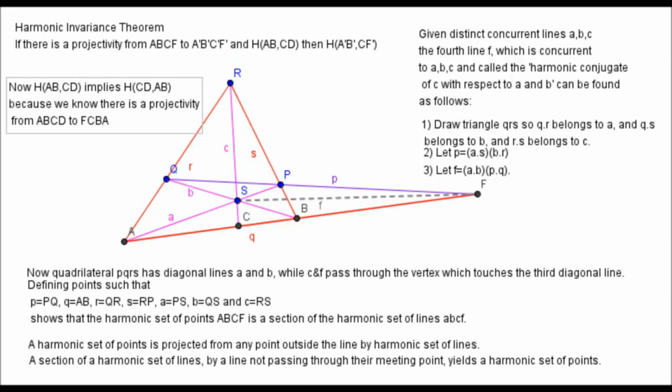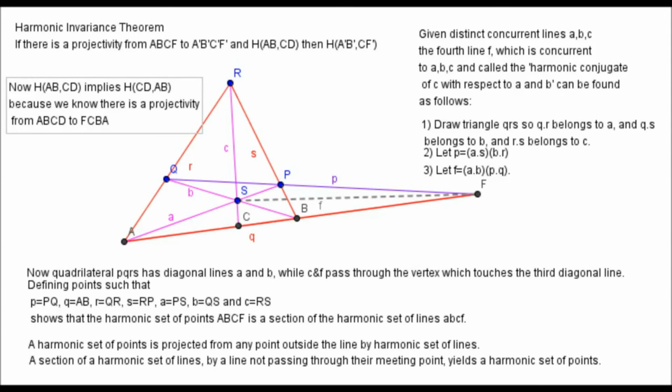Now, we can see this because previously, in the lecture where we were defining and discussing projectivities, we showed that if you have 4 points on a line, A, B, C, D, then you can find a projectivity to send those to points F, C, B, A, respectively. You can jumble up the order of the points.